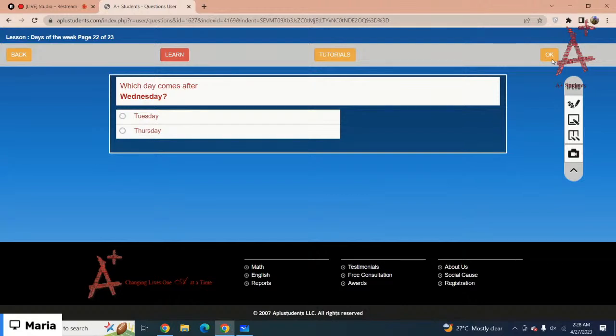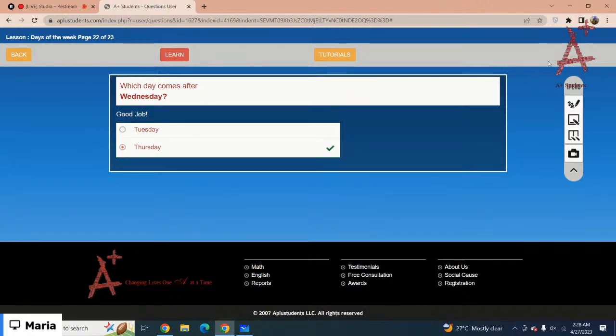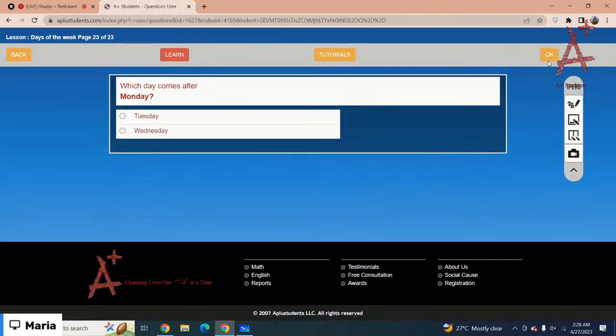So, right after Wednesday, we have, very good, that would be Thursday. Okay, which day comes after Monday? It is Tuesday after the Monday.